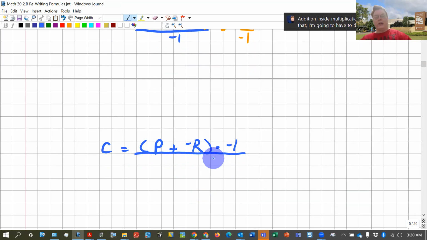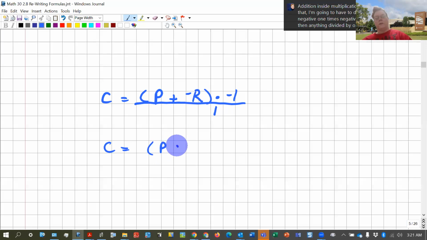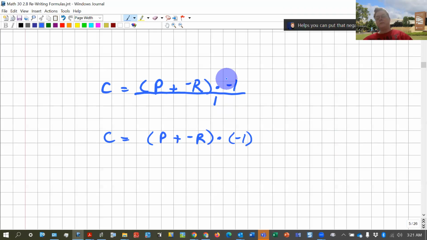In the denominator, -1 times -1 is +1. Oh, and then anything divided by 1 is itself. If it helps, you can put that -1 in parentheses there as well. So we have C all by itself.